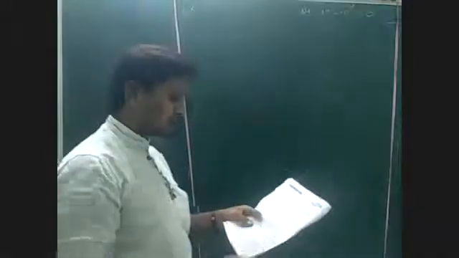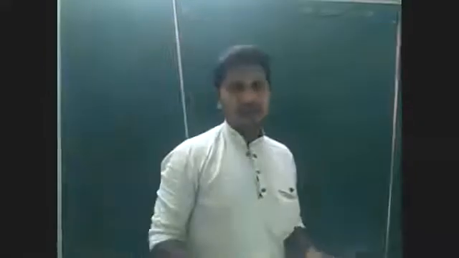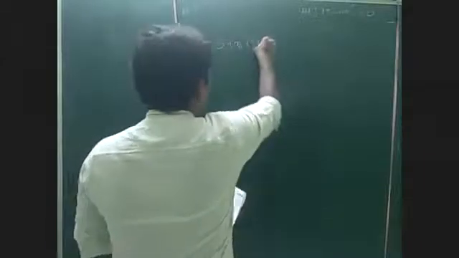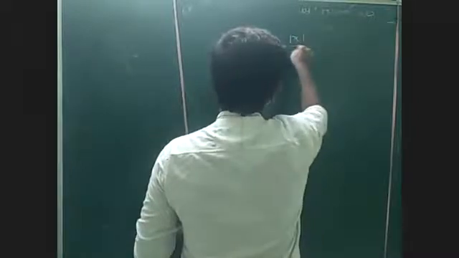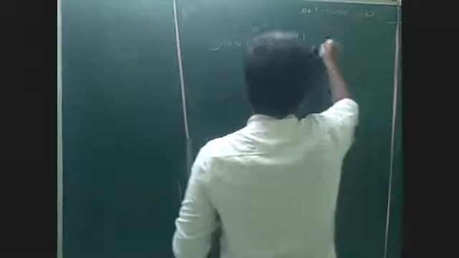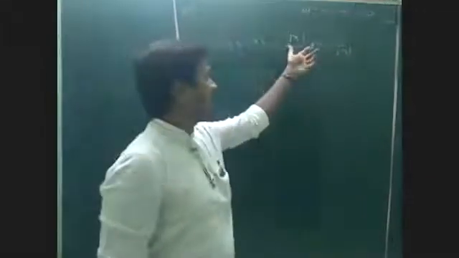Okay, so for example the 28th question and 29th question are related to the signum function, sgn of x. What is the meaning of this? It means mod x by x, or else we can write x by modulus x. So the signum function is nothing but mod x by x. Three cases will be there.